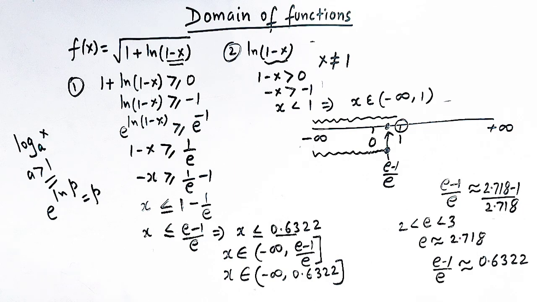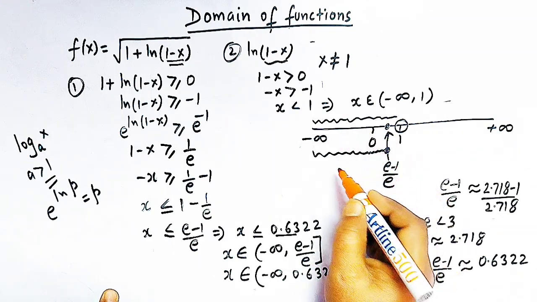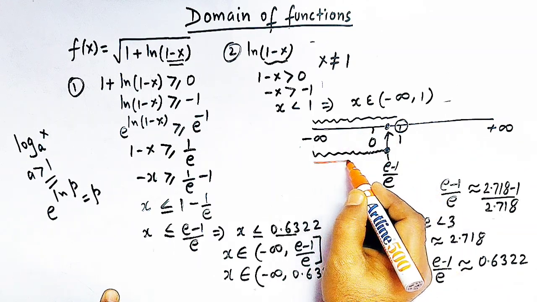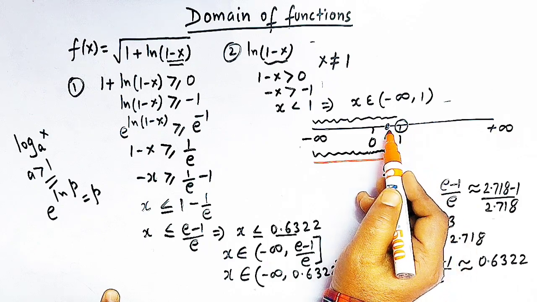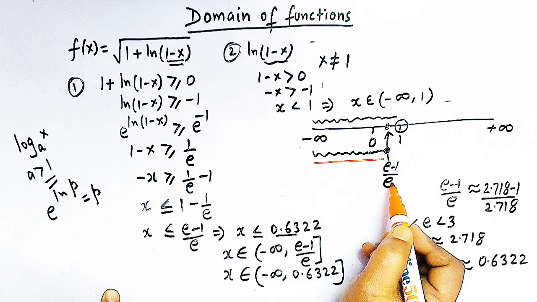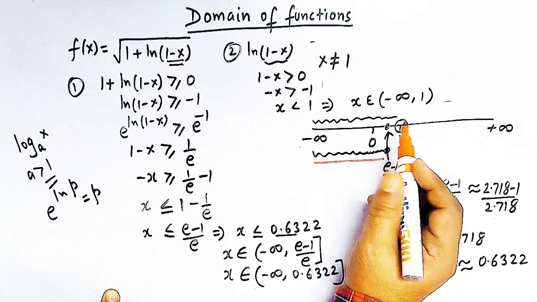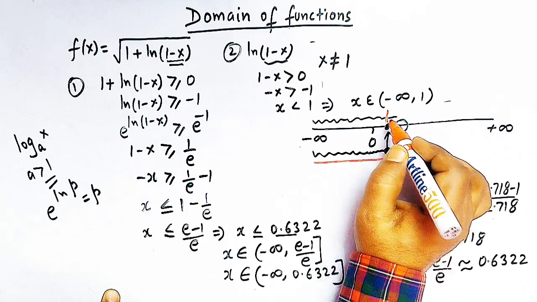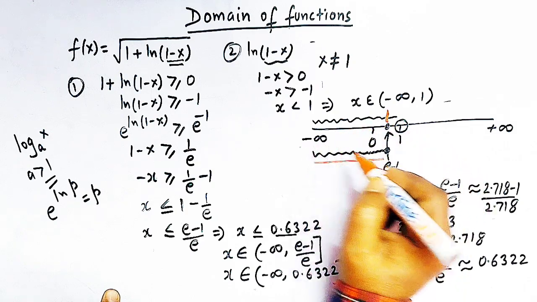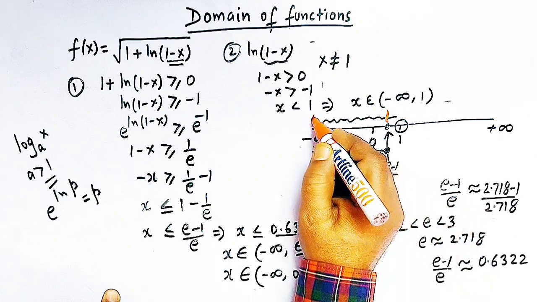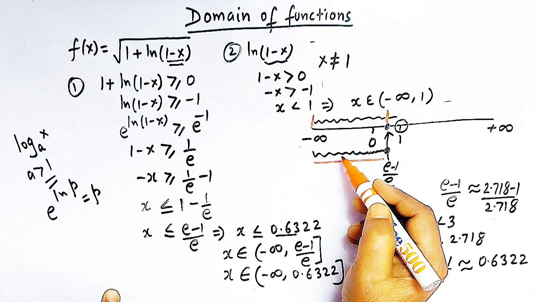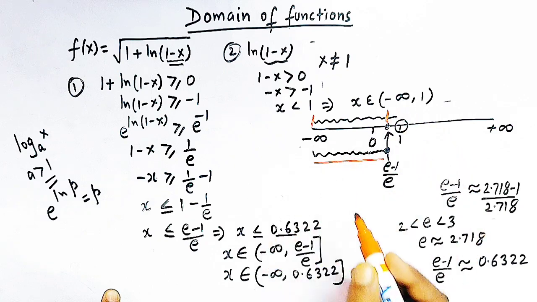And from this real number line, we can easily see that the common region is given by this region, right? So here we cannot take the region from e minus 1 over e to 1, so only this part, right? So from minus infinity to e minus 1 over e is the common region between these two intervals.